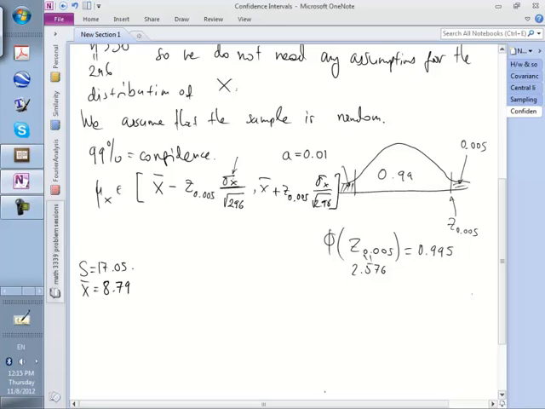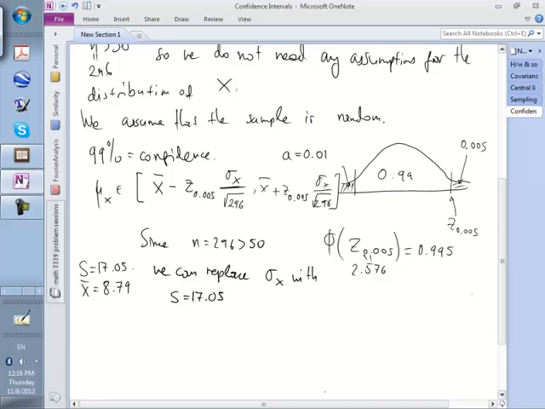Now, what do I do with the standard deviation here? The standard deviation of x, what can I do? The sample size is greater than 30, and even more, it's greater than 50. So since the sample size is 296 and it's greater than 50, it's called a very big sample. That's the case where we can replace the unknown standard deviation with the sample standard deviation.